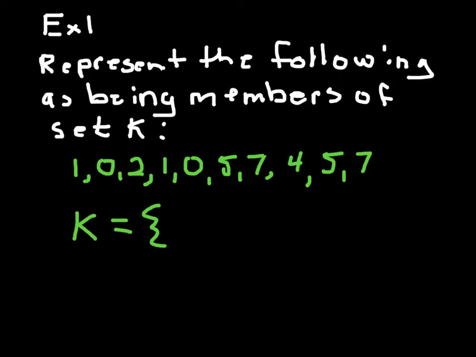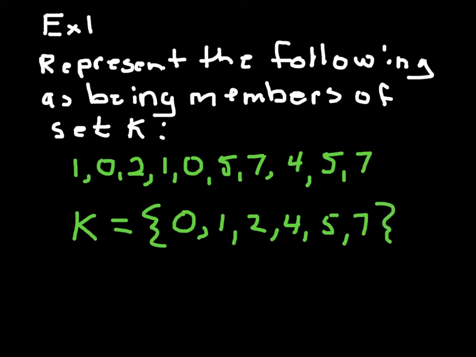It doesn't have to be lowest to highest or highest to lowest. If the number appears more than once, so two times or more, just list it once though. So in set K, let's see, I've got a 0, I've got a 1, I have a 2, a 4, a 5, and a 7, and then end it off with a brace.